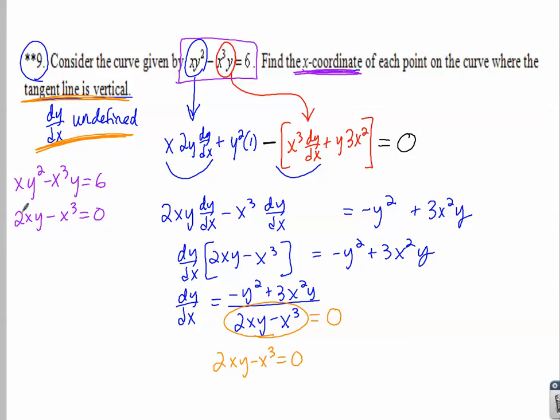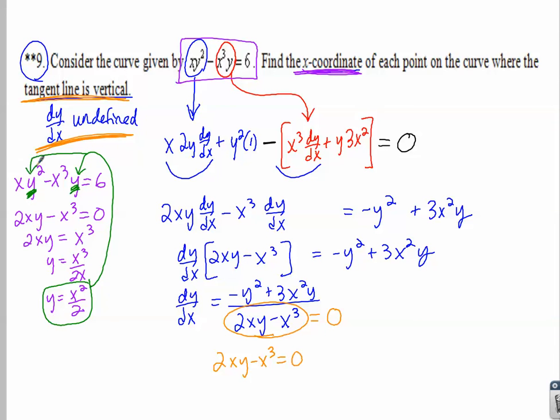I see this one looks like there's a little bit less in there, so perhaps I solve for one of the variables in that one. Let's take this and get the x cubed over there, add it, then divide by 2x. So y equals x squared over 2. Take what y equals from this equation and plug it in to that equation everywhere we see y.